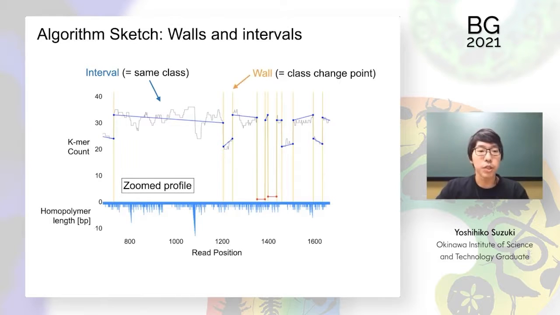And if a position is not explained by the coherence principle, then that position is called a wall, where the k-mer class changes. And the intervals consisting of erroneous k-mers are also identified here using the K-knockout principle.